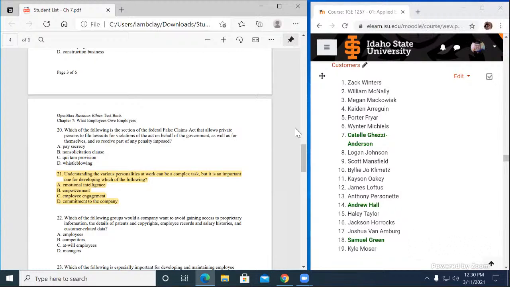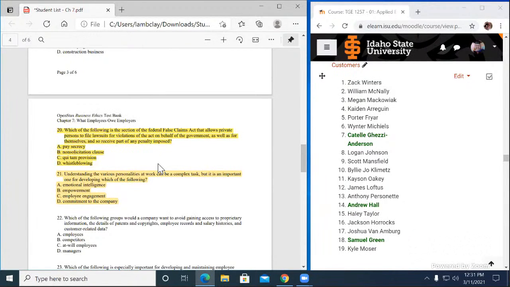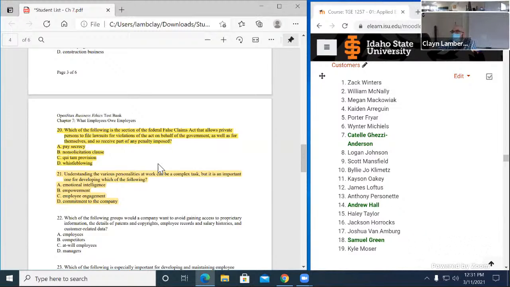All right, so let's go with number 20. Which of the following is the section of the Federal False Claims Act that allows private persons to file lawsuits for violations of the act on behalf of the government, as well as for themselves, and so receive part of any penalty imposed? That's going to be C, the qui tam provision. Okay. Why is this a big deal?